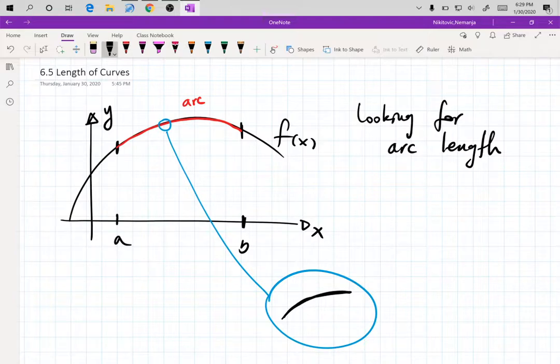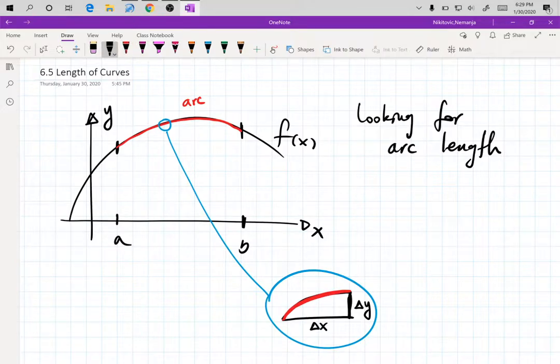that the curve on top had some change in x and some change in y. And, sorry, this black is actually red.